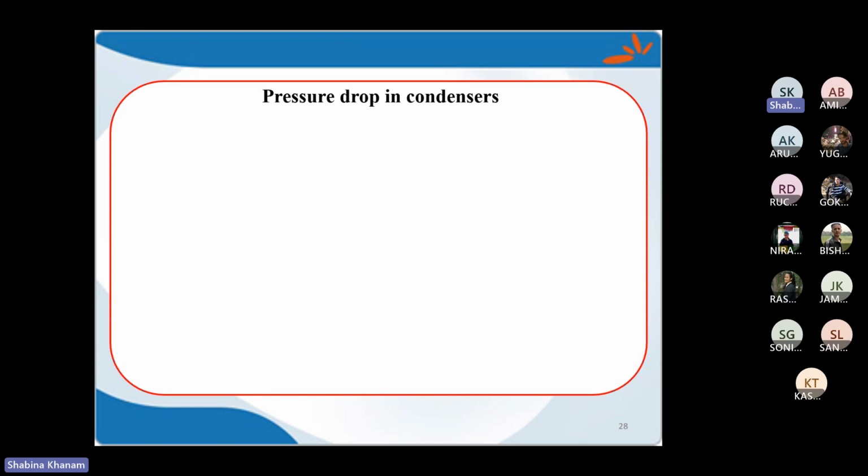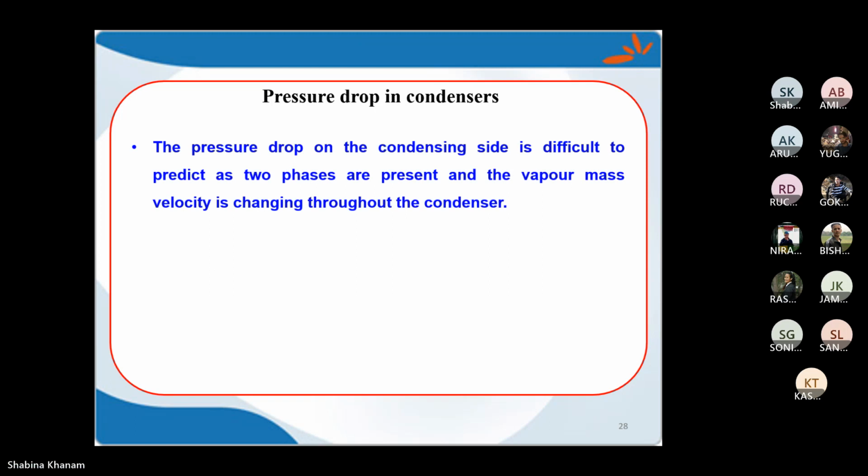The pressure drop in the condenser. Pressure drop on the condensing side is difficult to predict as two phases are present and vapor mass velocity is changing throughout the condenser.